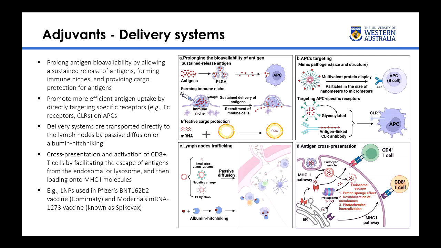And here are what we have currently used, which are the LNPs. There is lots of data looking into the safety of those as well. So again: increased bioavailability, targeting APCs, lymph node trafficking, and cross-presentation in dendritic cells.